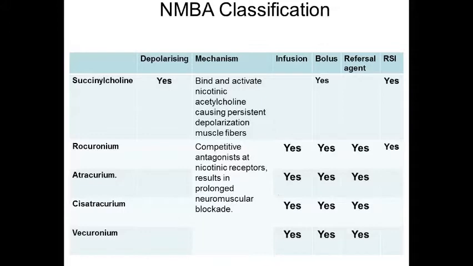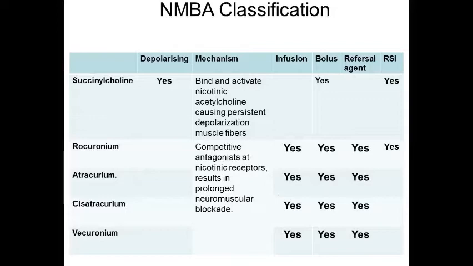So we use it a lot in the ICU and in emergency. The problem with succinylcholine, it has no reversal agent, so be careful. If you are not really good in doing intubations, you have to have a backup before you give the patient succinylcholine, otherwise you will have trouble in putting the tube down.